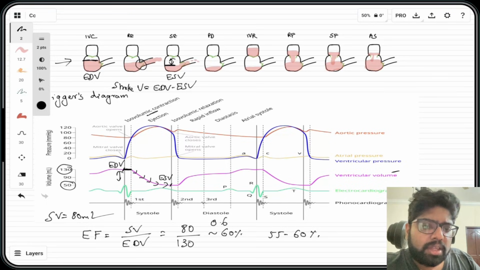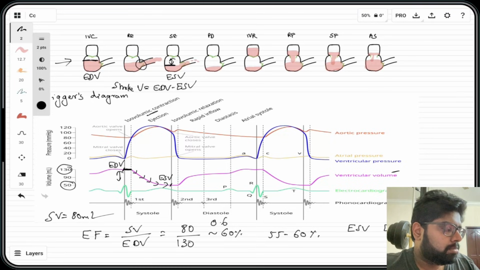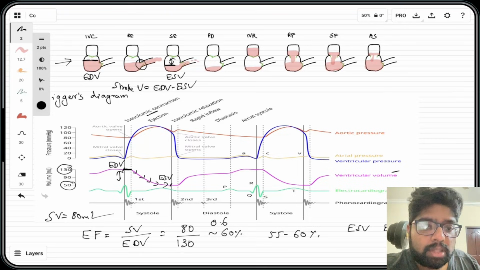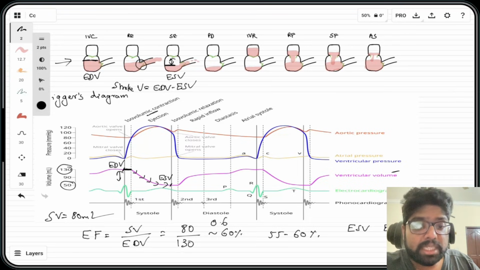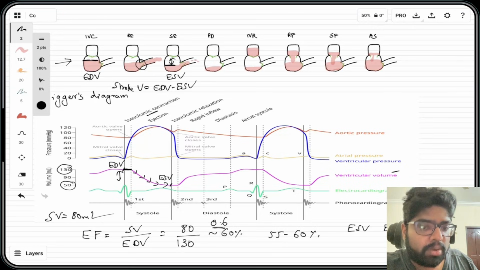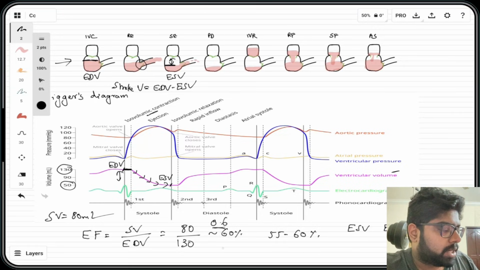Now, is there any way that you can find out the end systolic volume from the ejection fraction? So if 60% of blood is thrown out, that means 40% of blood is remaining inside the ventricle, right? So how can you get that? 0.6 is the fraction that has been thrown out. That means 0.4 is remaining. How did you get 0.4? You just subtracted the ejection fraction from 1.